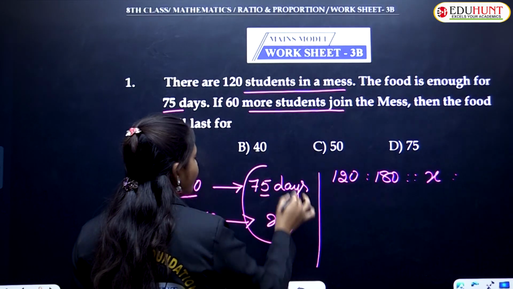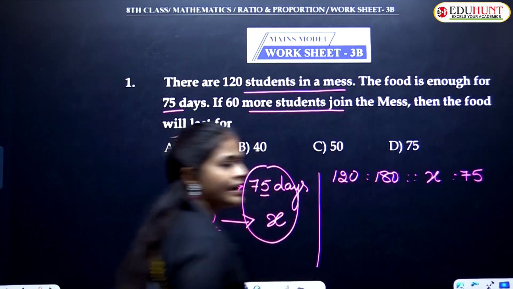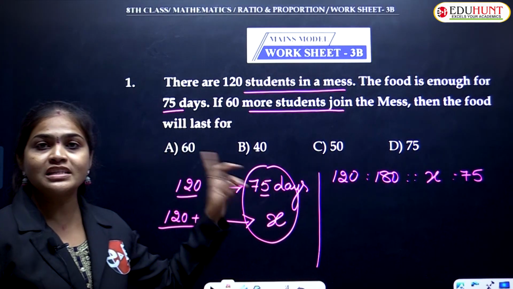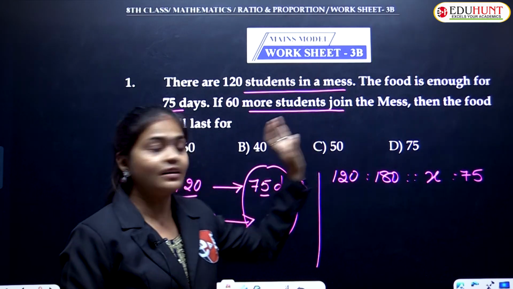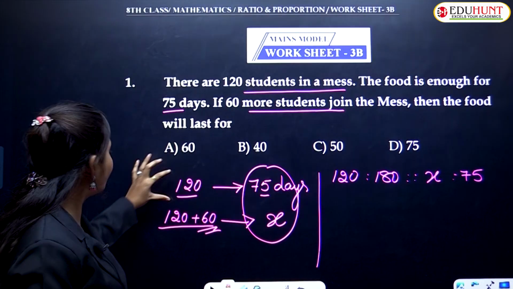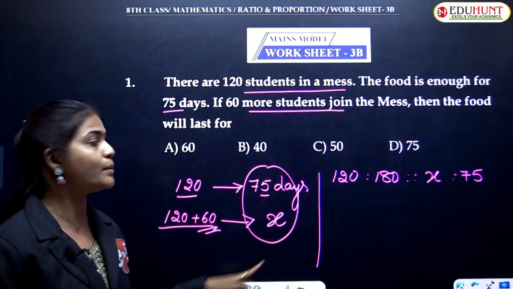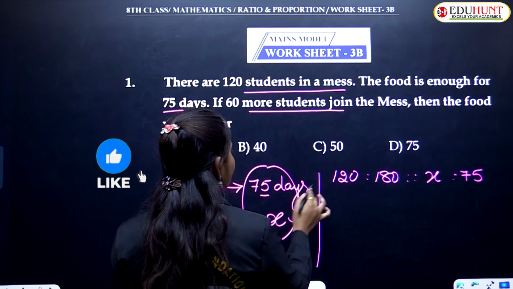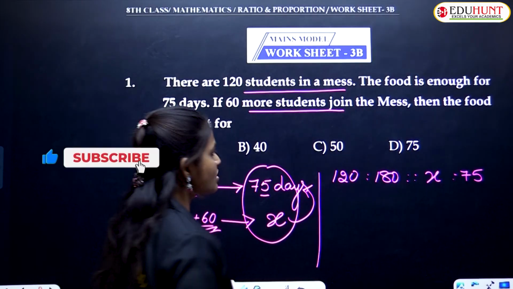The inverse ratio of 75 is to x is x is to 75. Understand? Why? Because it is in inverse proportion. In worksheet 3A, we did all the problems related to direct proportion. How did we do that? 120 is to 180 and 75 is to x. But this is related to inverse proportion, so you have to take the inverse of 75 is to x, that is x is to 75.